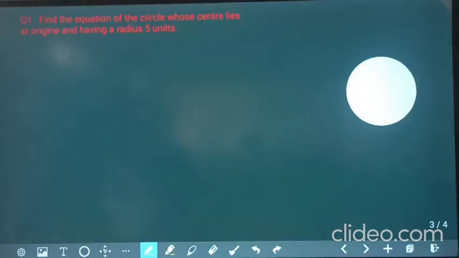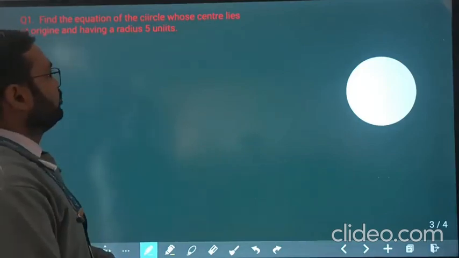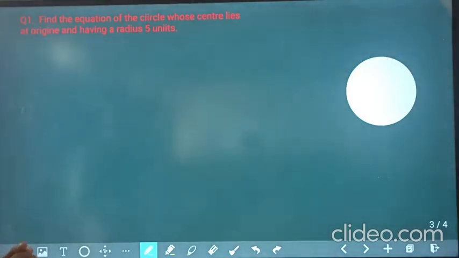Now we have a question: find the equation of the circle whose center lies at the origin and having a radius of 5 units.